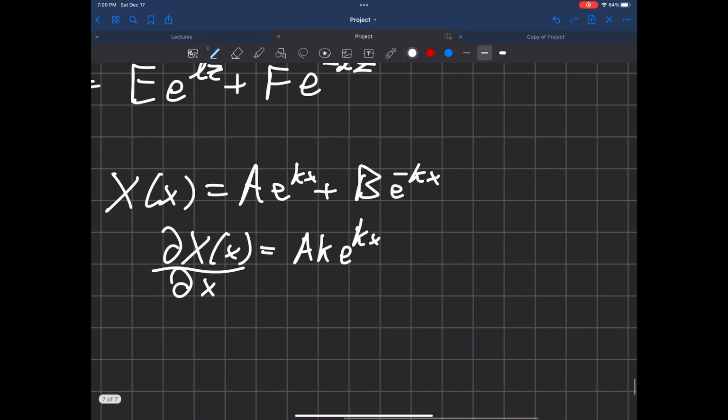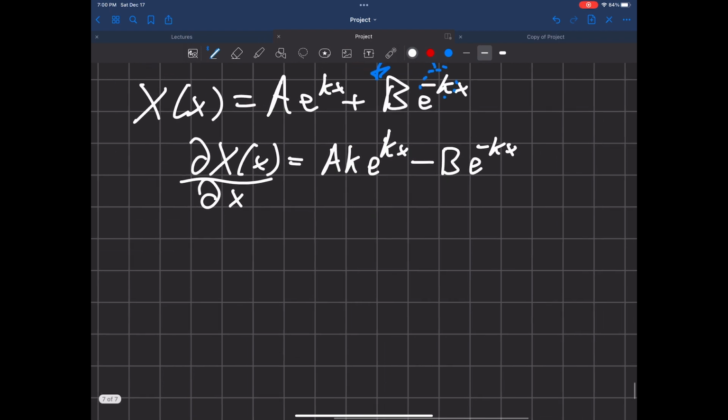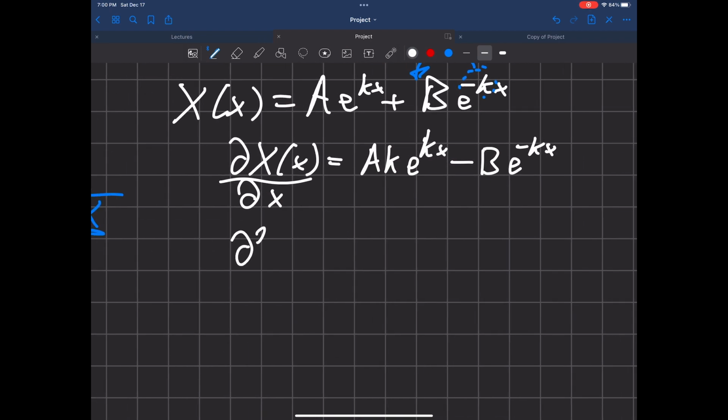And then plus b, but it's going to be a minus, right? Because this negative is part of the coefficient for the x, so it's going to come up front. So we're going to have a negative b k e to the negative kx. Okay, now the second derivative. My notation's been sloppy throughout here, so I'm going to try to clean it up.